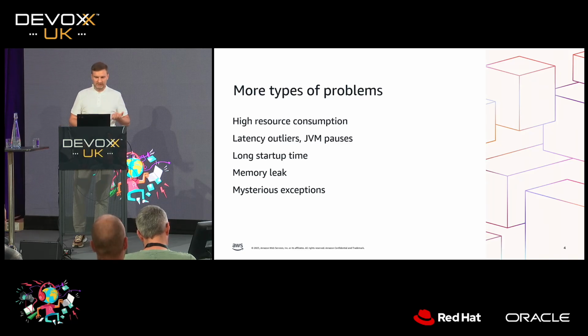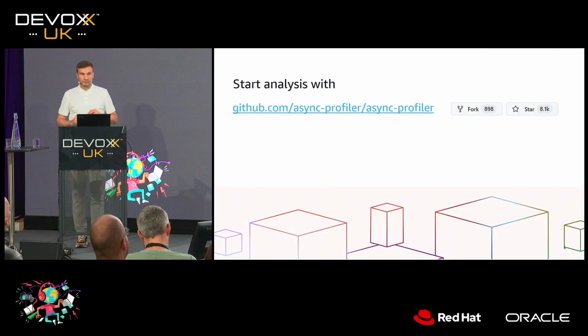Memory leaks are another common pain point. I'm not talking about memory leaks in Java heap, which are also more or less straightforward to address with heap dumps, but rather memory leaks besides Java heap. Today, I'm going to show you how to analyze such performance problems with Async-profiler.